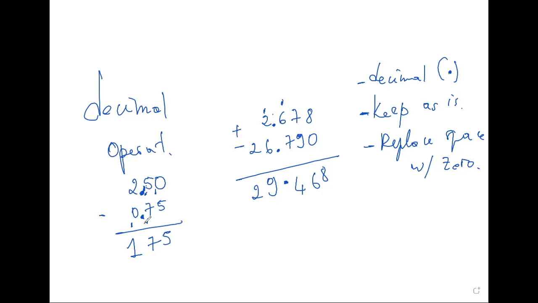And again, you bring the decimal, the dot, below the other two dots at the top. That's simple. Again, if there is a space that is not aligning with the other number, replace it with 0. That's it. So this is plus and minus basics.